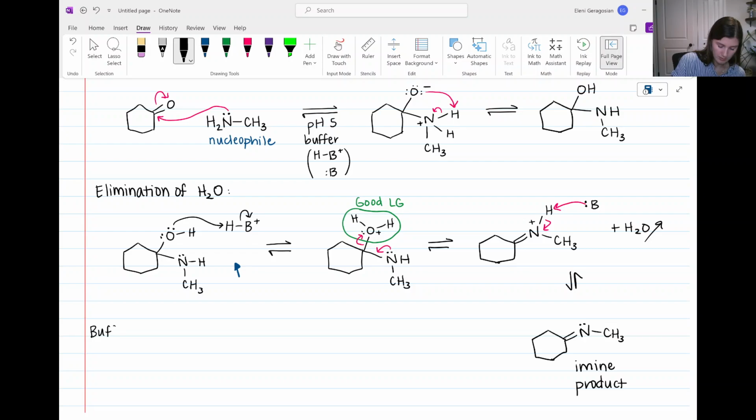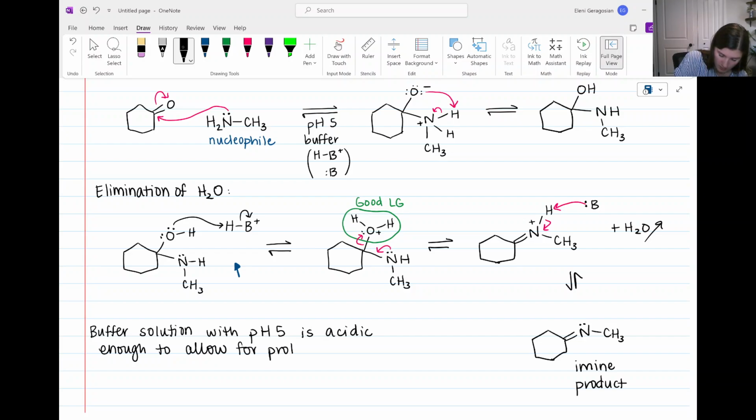Buffer solution with pH of 5 is acidic enough to allow for protonation of this OH.